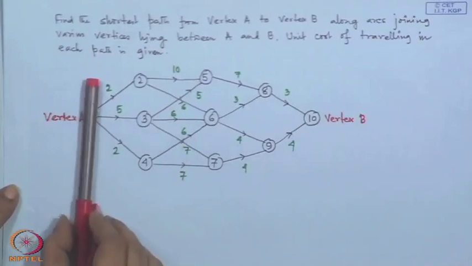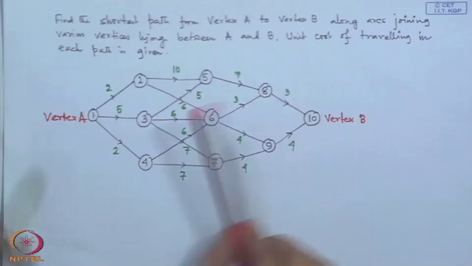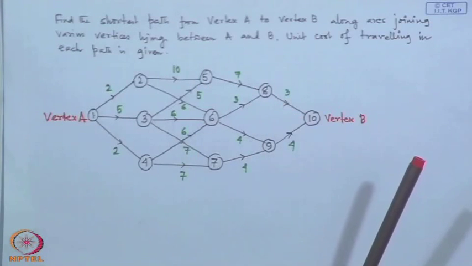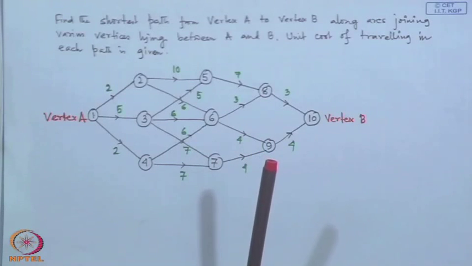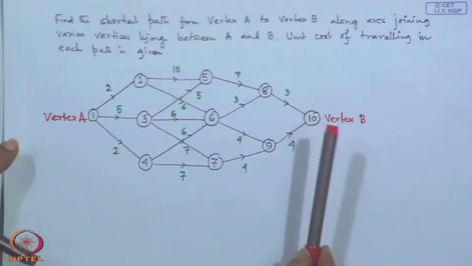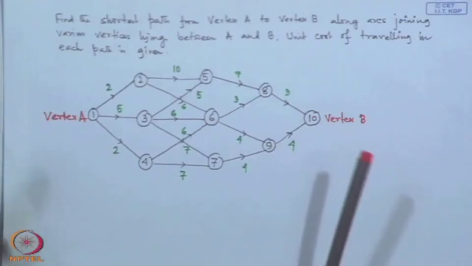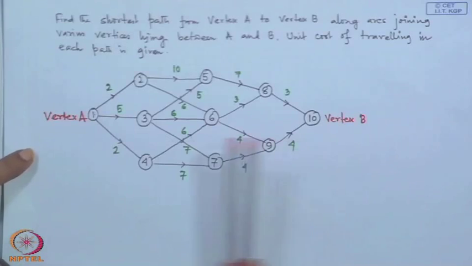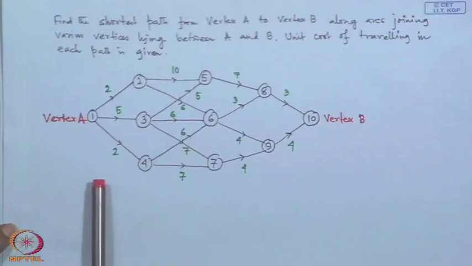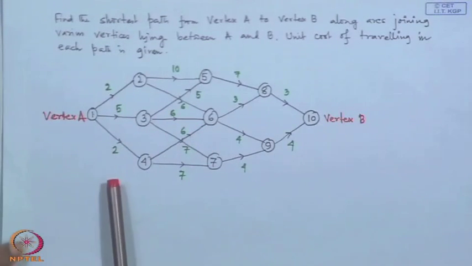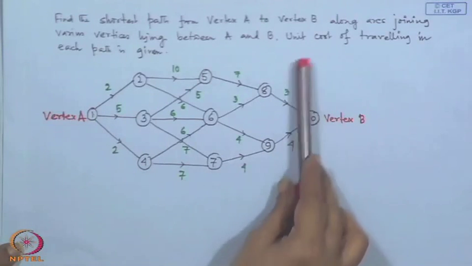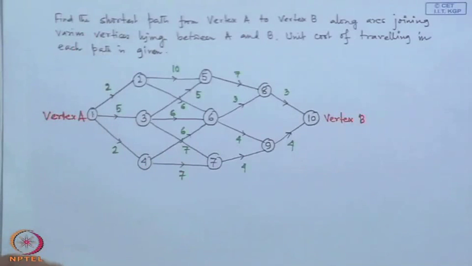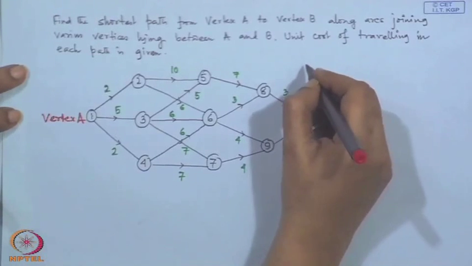If I move from vertex A to vertex B with the iterative process, as I explained before, with the Bellman's principle of optimality, at each stage we will take the decision and we will reach the ultimate stage to address the whole problem. That process is the forward recursive process. We can go backward as well, that is starting from vertex B to vertex A. That is why let me first divide the problem into different stages.